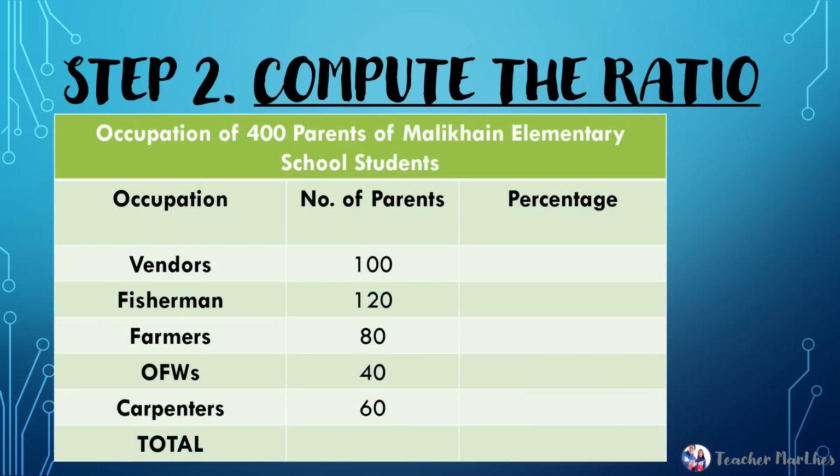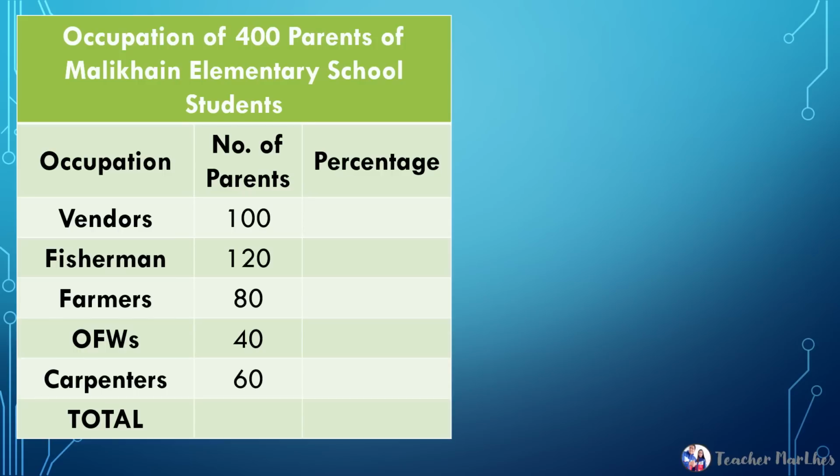In this table, we need to compute the percentage for us to be able to draw a pie graph. First, we need to compute the total number of parents. So, 100 plus 120 plus 80 plus 40 plus 60 equals 400. Next is the percentage of vendors.